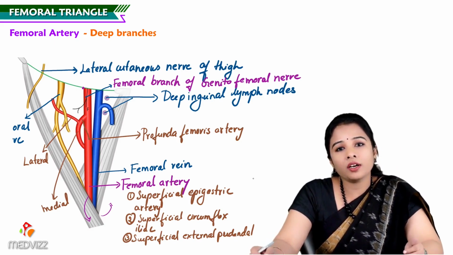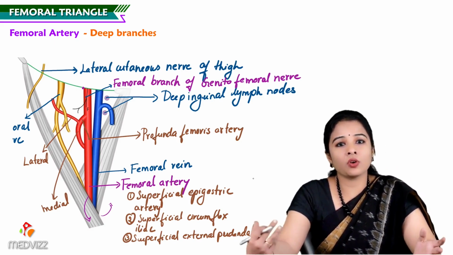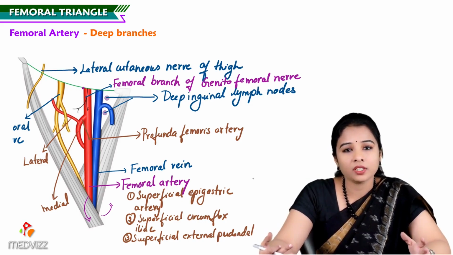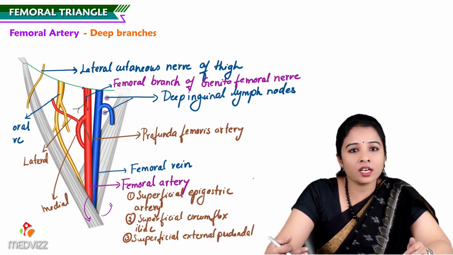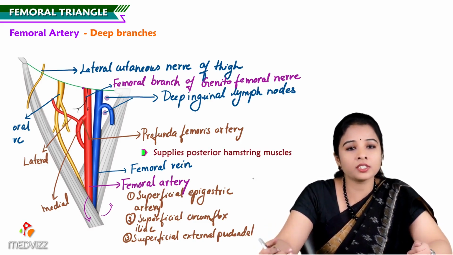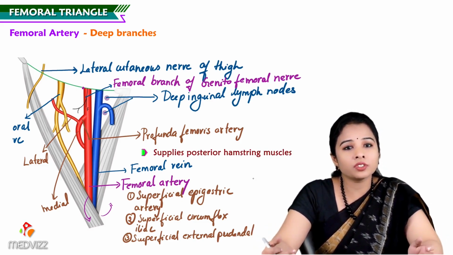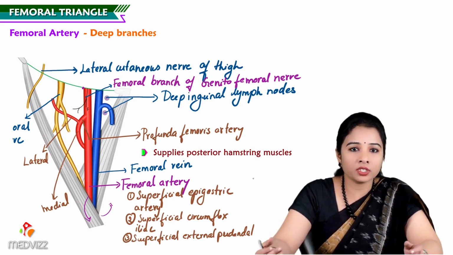So the femoral artery is the only artery which supplies all the structures in the thigh. That is the reason the profunda femoris artery, as it is the largest branch, goes to the posterior compartment to supply most of the structures in the posterior, that is the hamstring compartment.